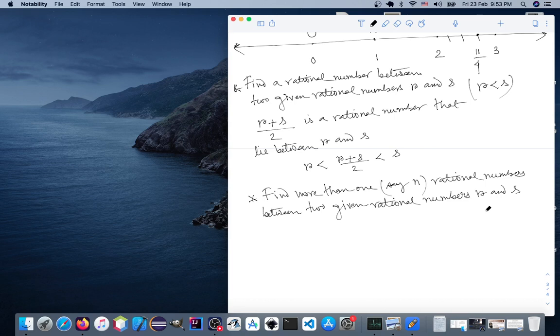Say two rational numbers or three rational numbers or five rational numbers between two given rational numbers R and S, where it is given that R is less than S.